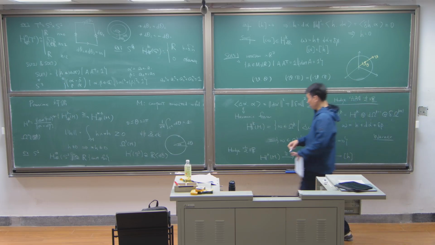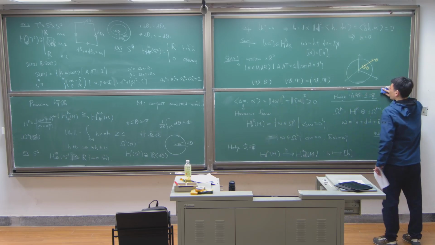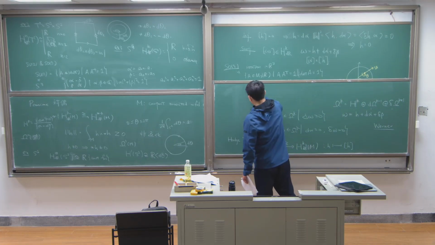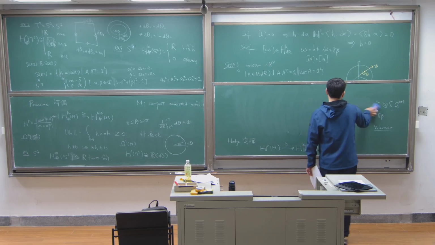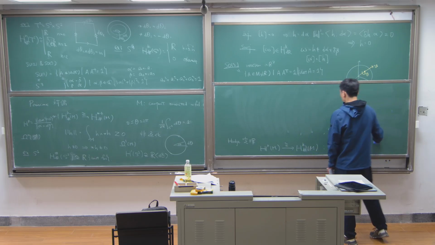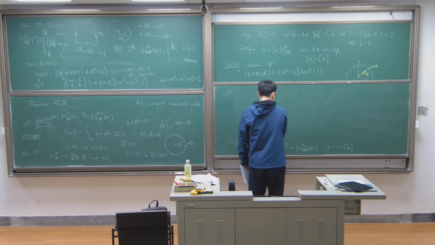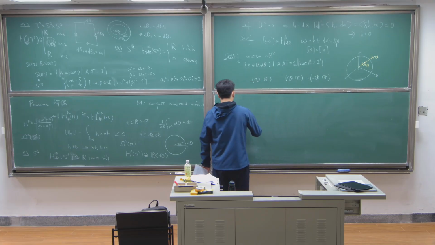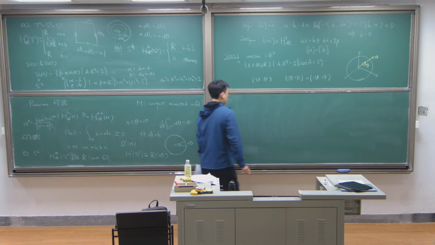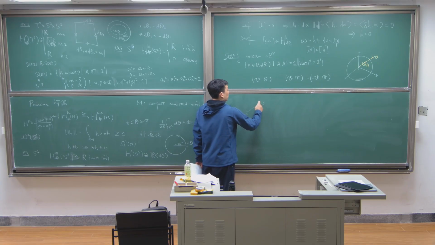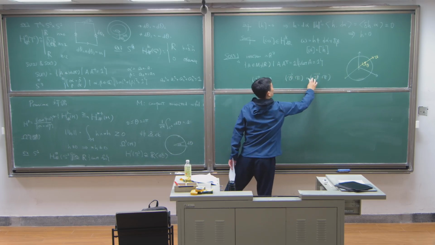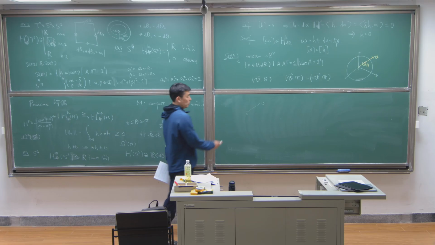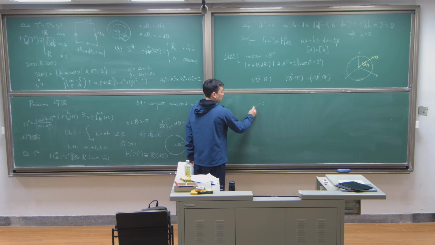Okay. So therefore, if you start with 0, and then B, minus B. So you go in the B direction by theta, so the length is theta.